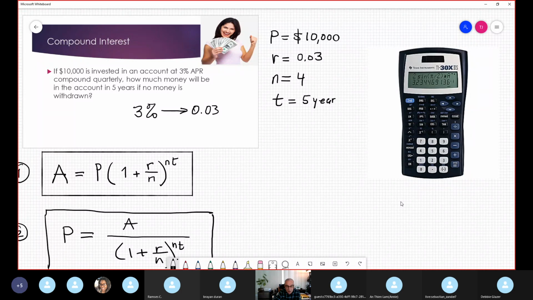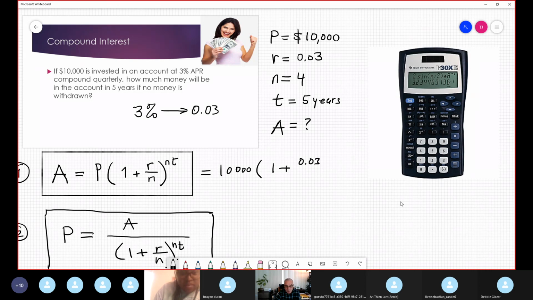Okay. And what should I do? Well, I compute the future value. Future value, I don't know. So one more time, I use that formula. This formula is 10,000, parenthesis, 1 plus 0.03 divided by 4, because N is 4, raised to the multiplication.